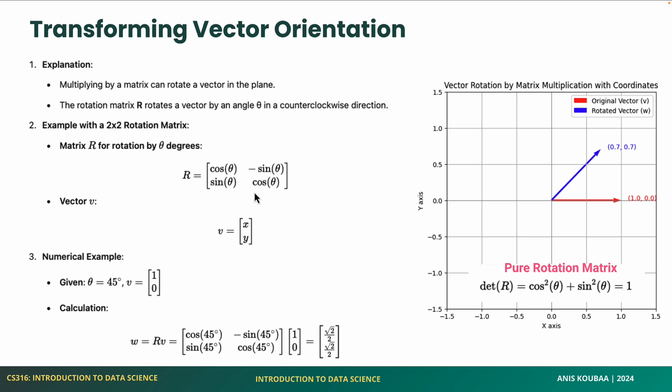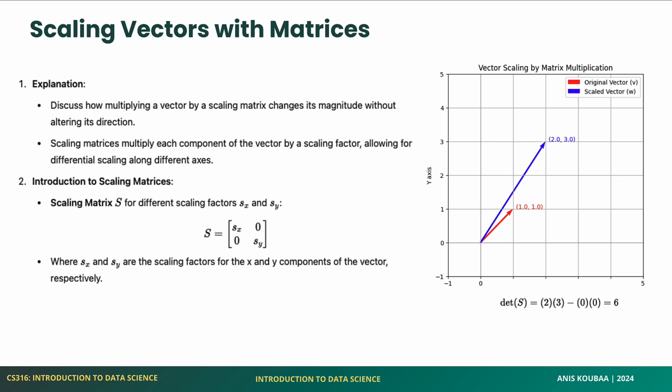The determinant is cosine multiplied by cosine minus minus sine multiplied by sine, so this is cosine squared plus sine squared, which by definition is equal to 1. So this is an example of a transformation in space that is only a rotation. It didn't change the magnitude of the vector. Is it clear?